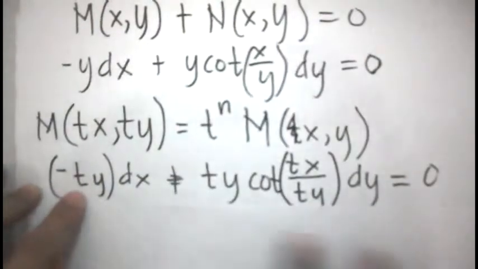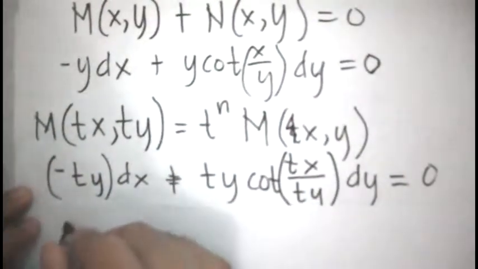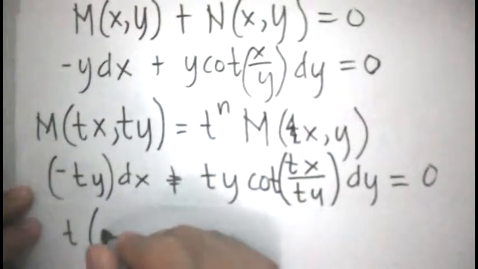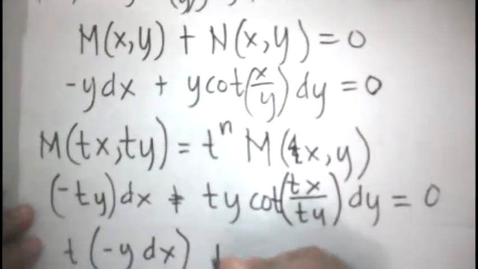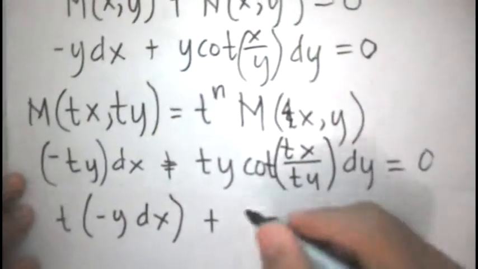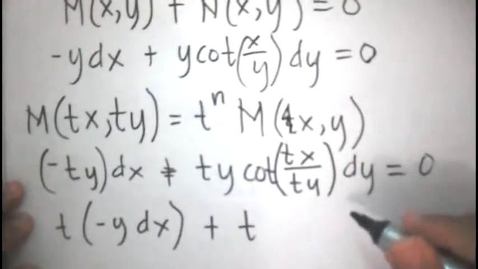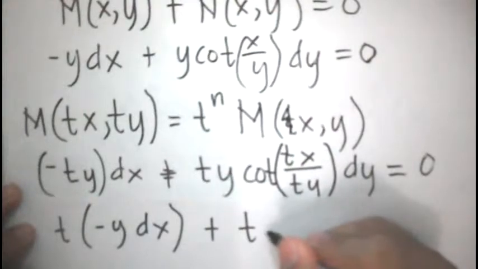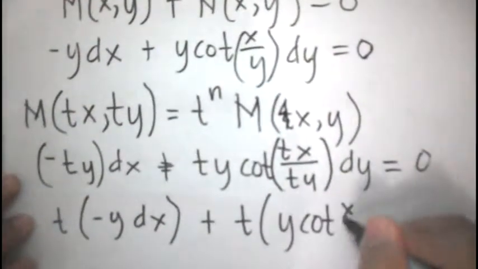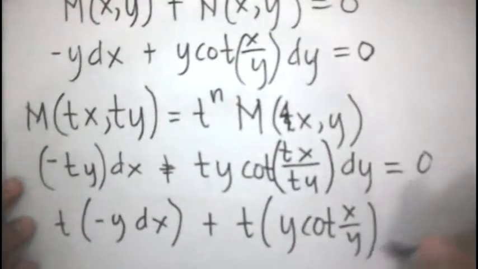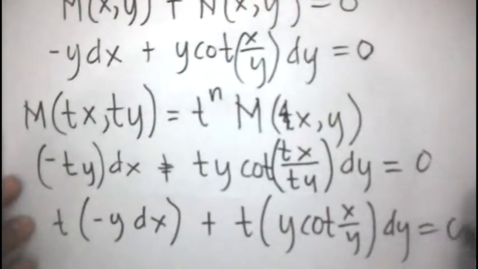We factor out t, so we get t times negative y dx plus t times y cot(x/y) dy equals 0.